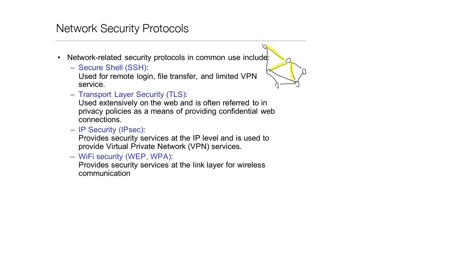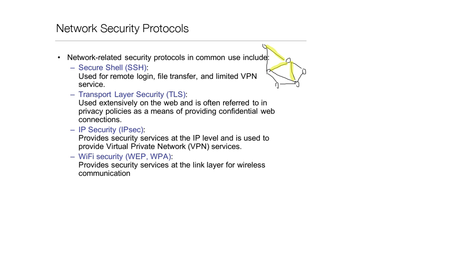And the other one is Wi-Fi security. We use WEP and WPA protocols to provide Wi-Fi security. Usually when you have your wireless router, the WEP protocol is active there. So your laptop or mobile phone is connected to the router, but that connection between your device and the router is protected by a password.